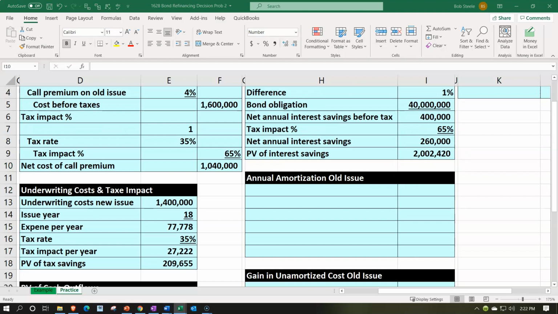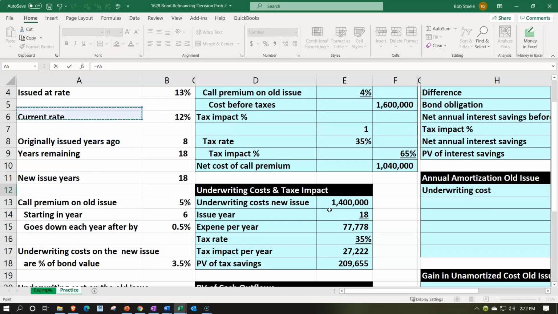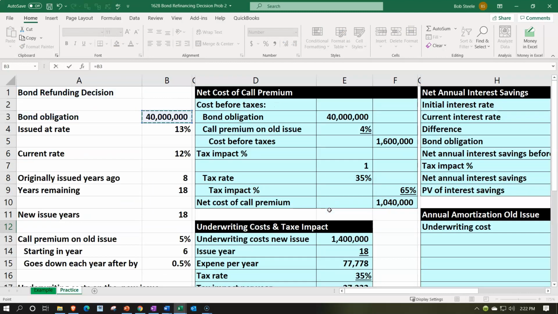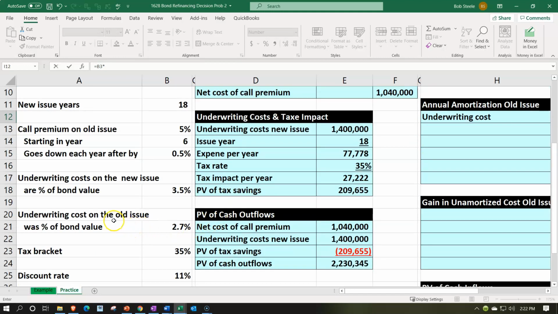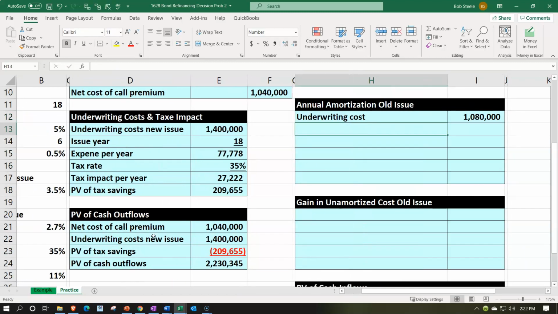Then we're going to do the annual amortization of the old issuance. So now we're going to think about the old issuance, the cost related to it. And so that's going to be equal to, we have to do this little calculation again, which was the 40 million times the underwriting cost of the old issuance, which was 2.7% of the bond face value, 1,080,000.